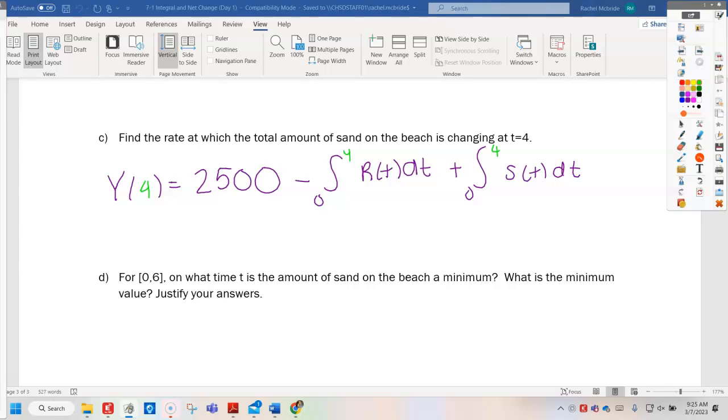And I just saw my calculator for what we get. Agree? Disagree? Thumbs up? Okay, what would my units be?